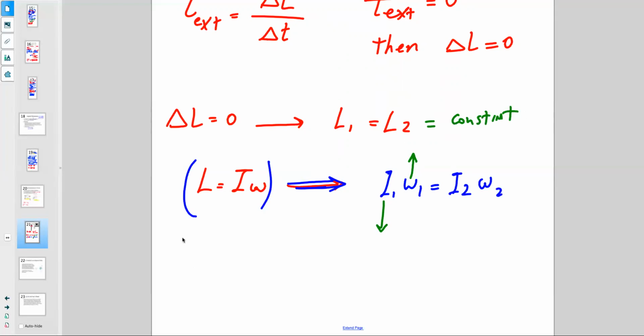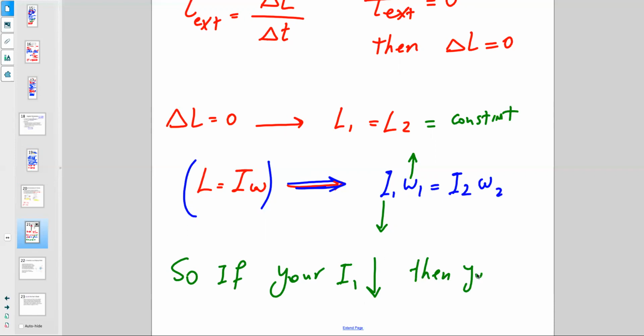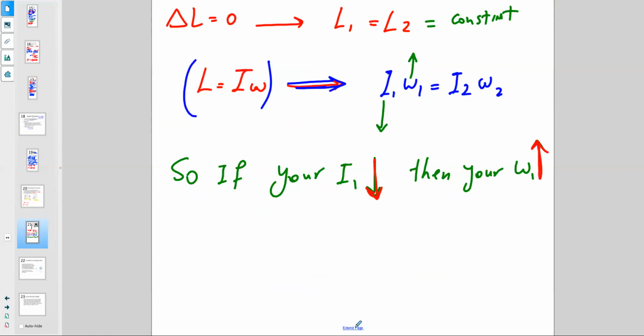If your moment of inertia decreases, then your omega should increase. Let me change the color of these to indicate how important this is. We know what I is. I is m r squared.